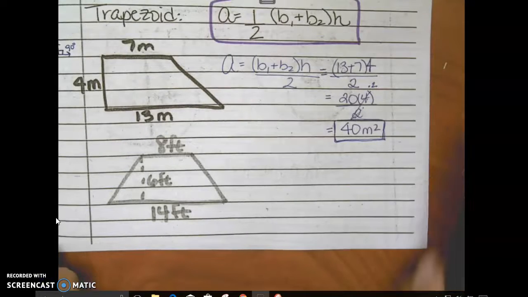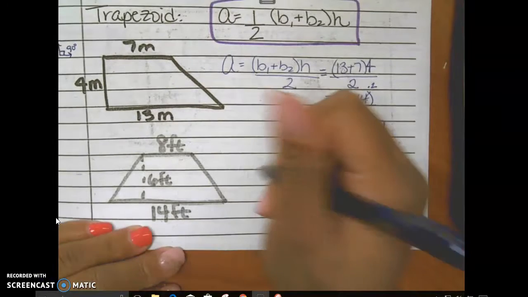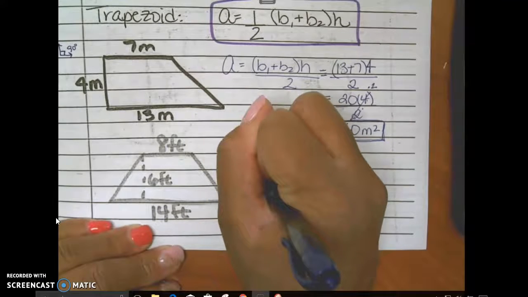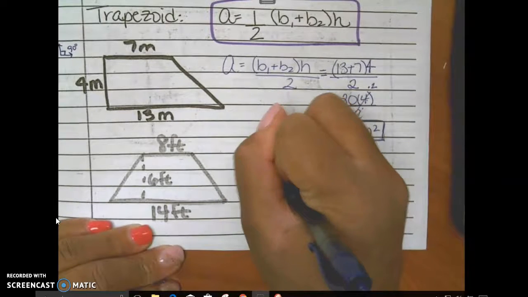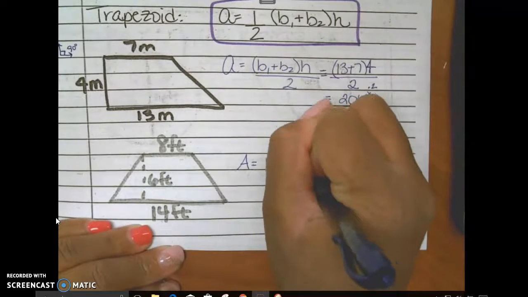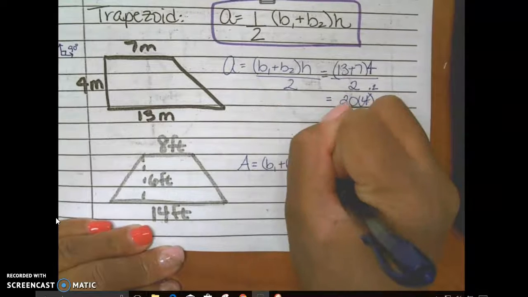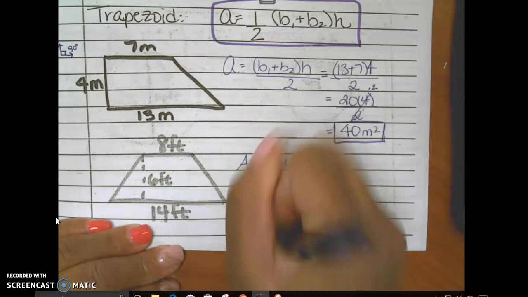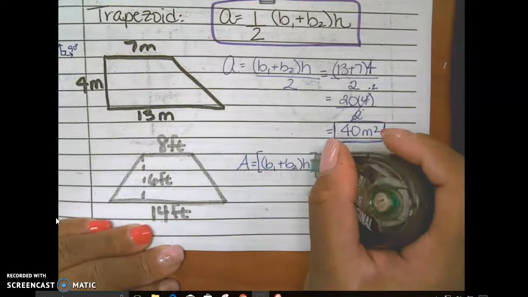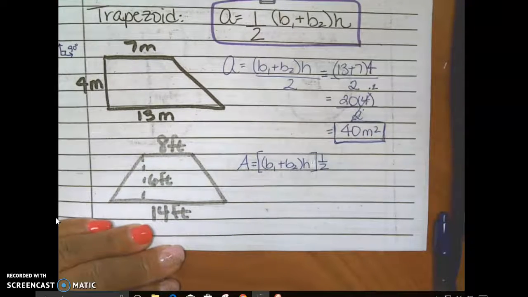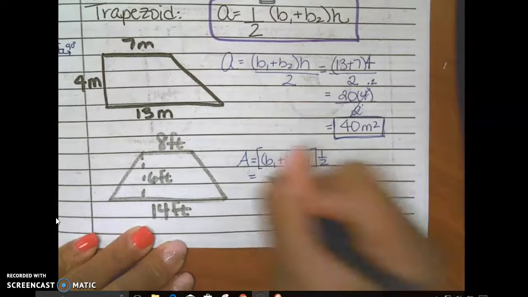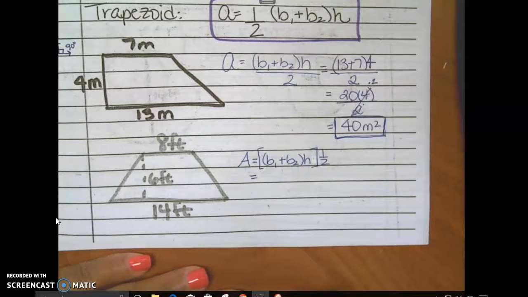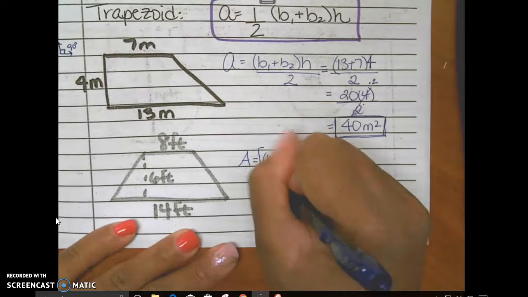Okay, last trapezoid. Base 1, base 2, add them, cut it in half. What are my two bases? 8 and 14.